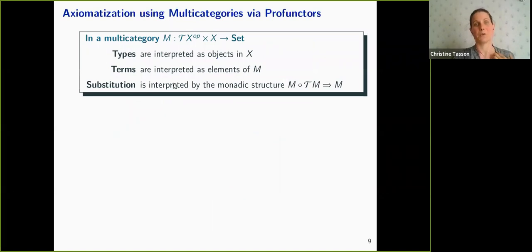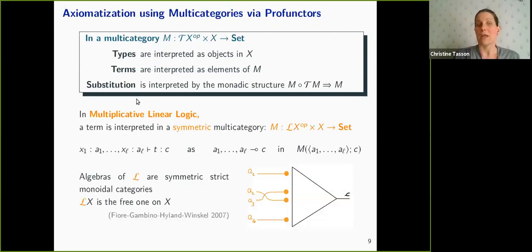Okay, let's go back to how we interpret things using this presentation of multi-categories. So in multiplicative linear logic, the symmetric multi-category will be represented as a functor from LX op cross X to Set, which is a profunctor, with L standing for the free symmetric strict monoidal category monad, which takes a category and produces the free symmetric strict monoidal category on it.